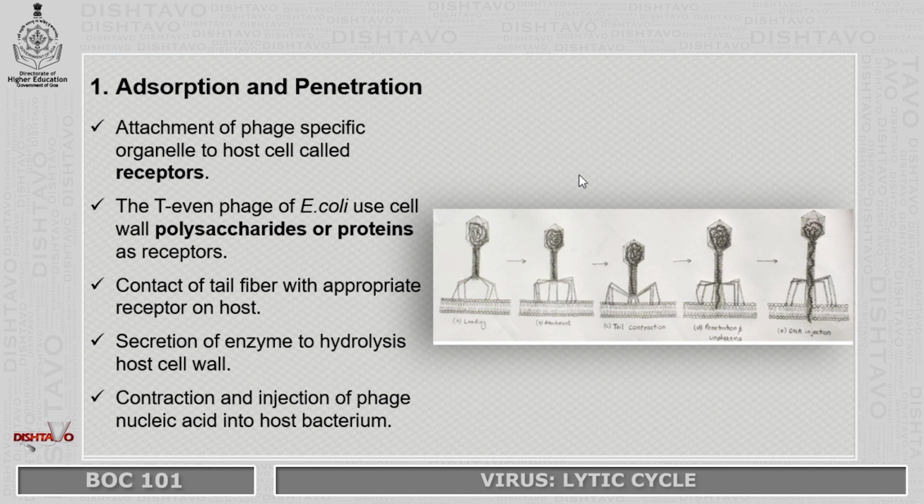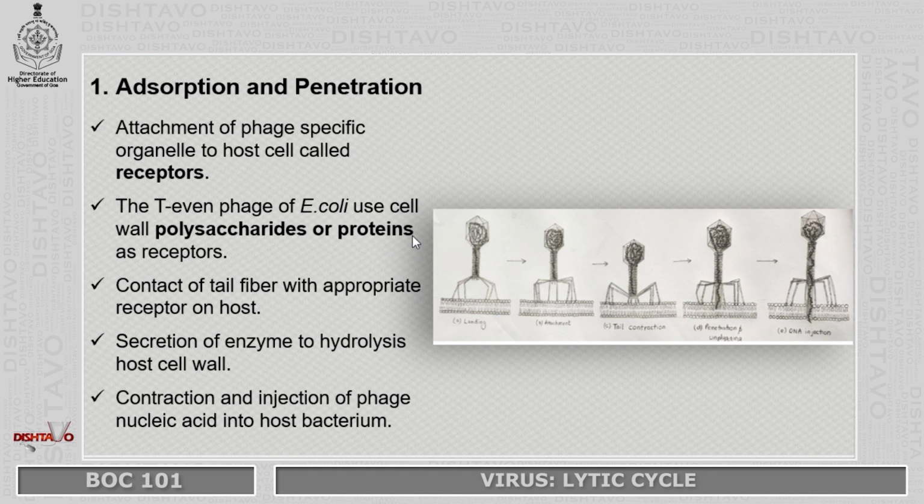It can be the cell wall, the flagella, or the pili. It has to find a specific receptor, and only after it finds a receptor will it attach onto the host cell. For the T-even phages of E. coli, the cell wall polysaccharides or proteins act as receptors on the host cell.